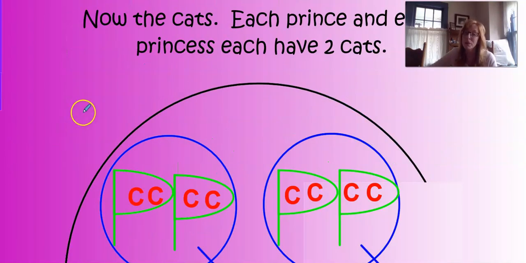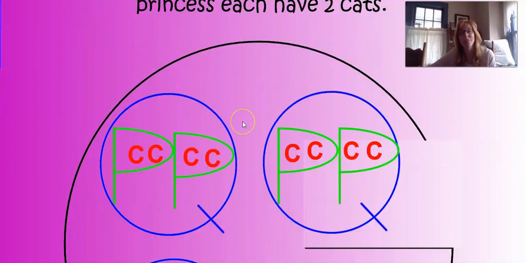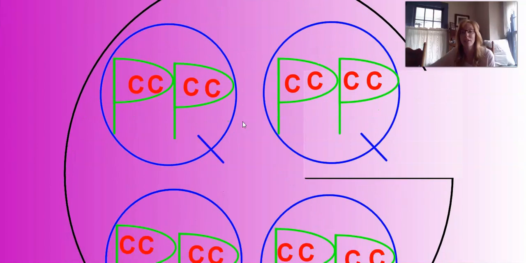Now remember, now you have to do the cats, because we remember that each prince and each princess each had 2 cats. So you have 8 times 2, so you should have 16 cats in the kingdom of Gallon. 2 cats for this princess, 2 cats for this prince, and so on.